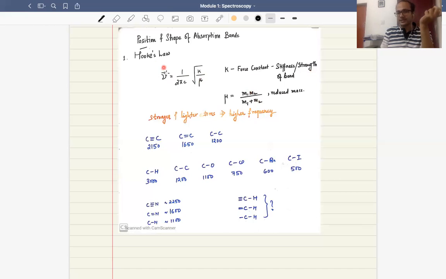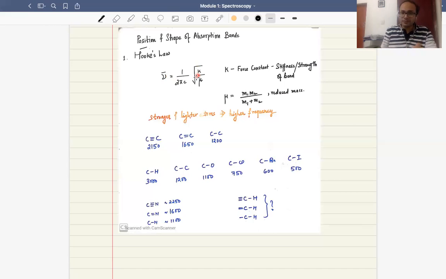If you now see which factors the frequency depends upon, there are two factors on which the frequency, or the wave number, depends, because in this case frequency and wave number are proportional to each other. The frequency is directly proportional to the force constant. So if your bond is stronger, it would give a higher value for the frequency.